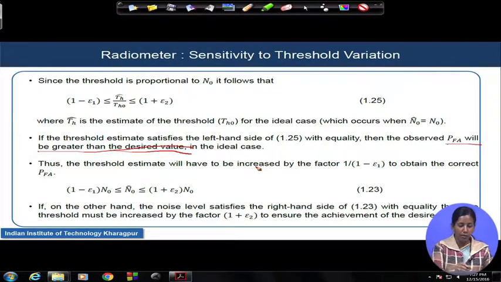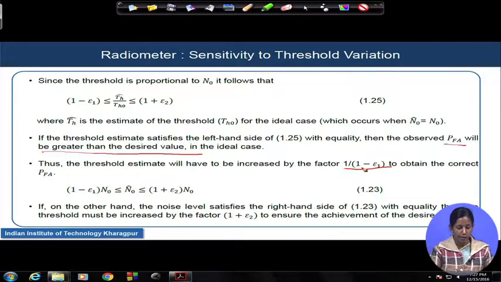And if the false alarm probability is greater than the desired value in the ideal situation, then the threshold should be increased by a factor of 1 by 1 minus epsilon 1 to obtain the correct false alarm probability.